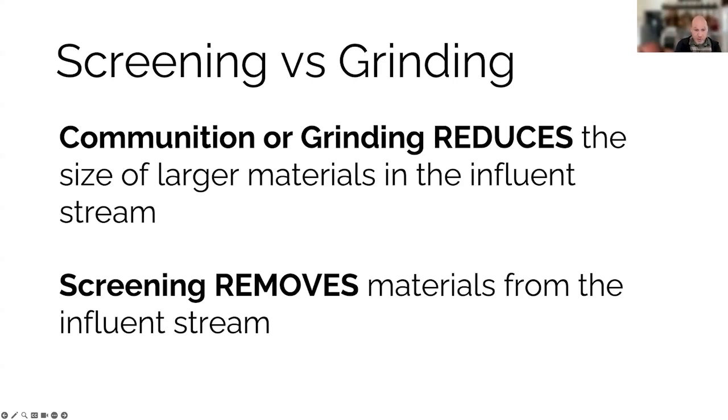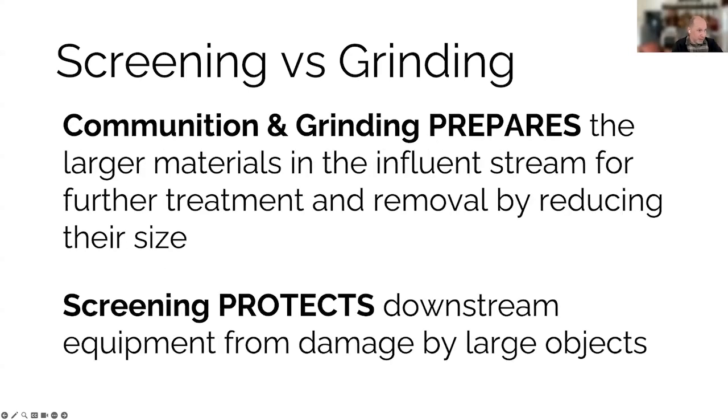And again, you may have multiple stages focused on different size materials. Screening and comminution essentially prepare those larger materials for further treatment and removal by reducing their size. Screening is what ultimately protects that downstream equipment from damage.